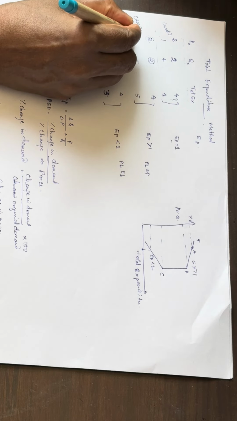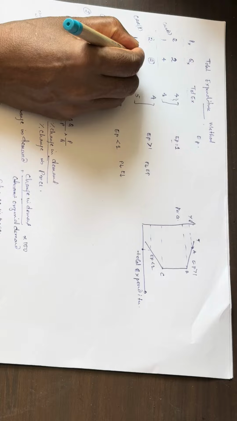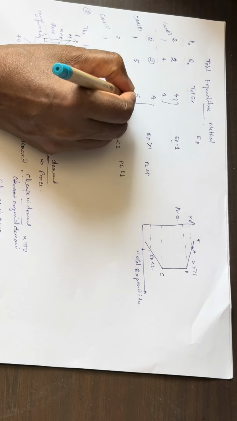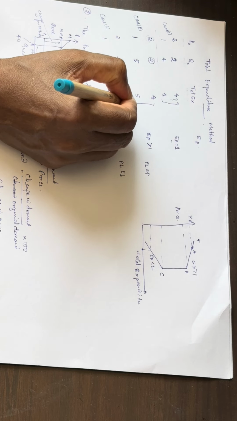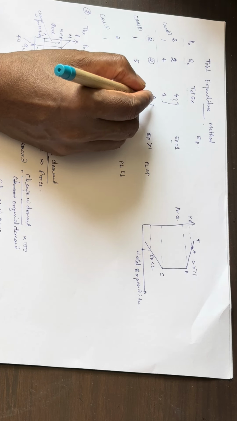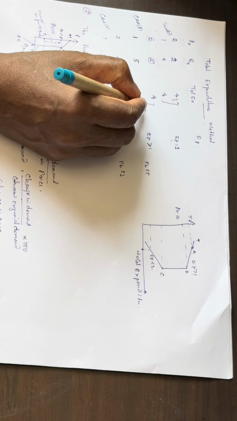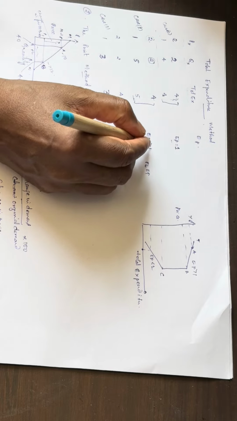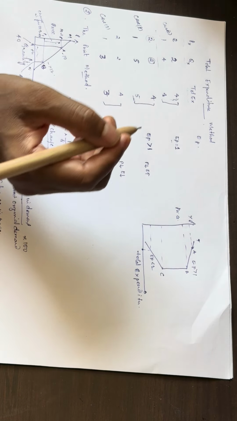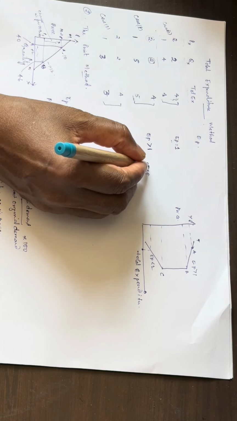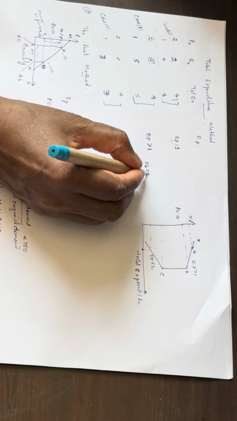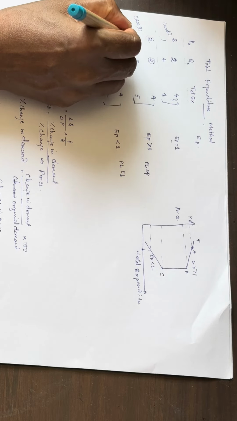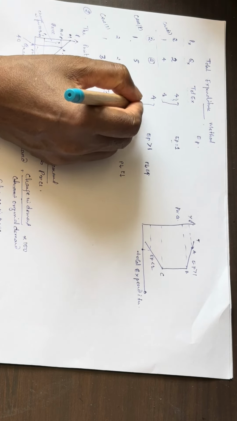When the price goes down to 1 rupee, the quantity demanded is 5, and the total expenditure is 1 into 5, which is 5. Here the total expenditure increased from 4 to 5, so the EP value is greater than 1. The price of the product and the expenditure move in opposite directions. Whenever the price goes down, the expenditure increases.